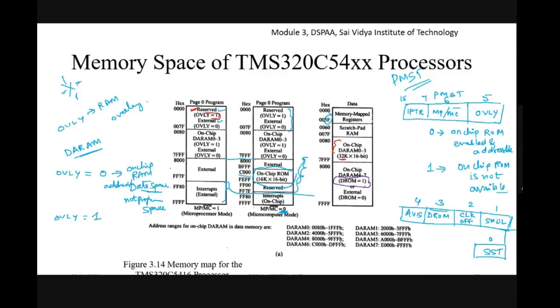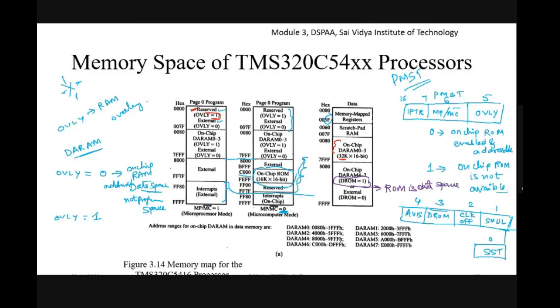In this case, when the DROM bit is equal to 1, ROM is available. So ROM is available in the data space, and I can make use of ROM in the data space itself when this particular bit is on, that is, logic 1.